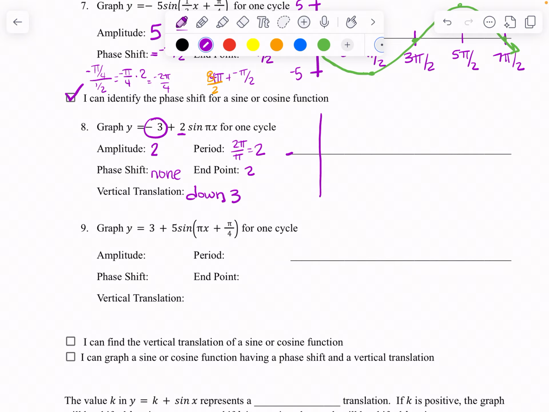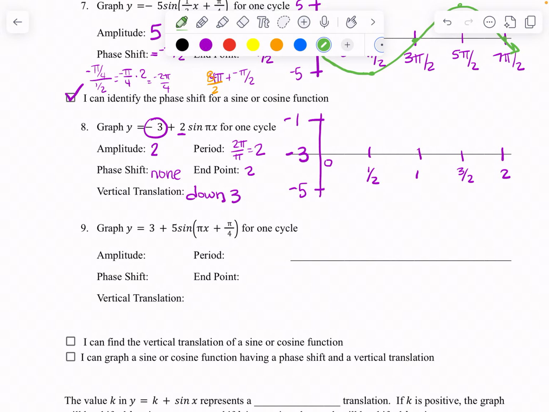So this is going to be my new starting point. My new starting point is negative 3, and my amplitude is 2. So if I go up 2 from negative 3, that's negative 1, and I go down 2 from negative 3, it's at negative 5. So this is 0, 2, half of 2 is 1, half of 1 is a half, 1 plus 2 is 3, double the bottom.